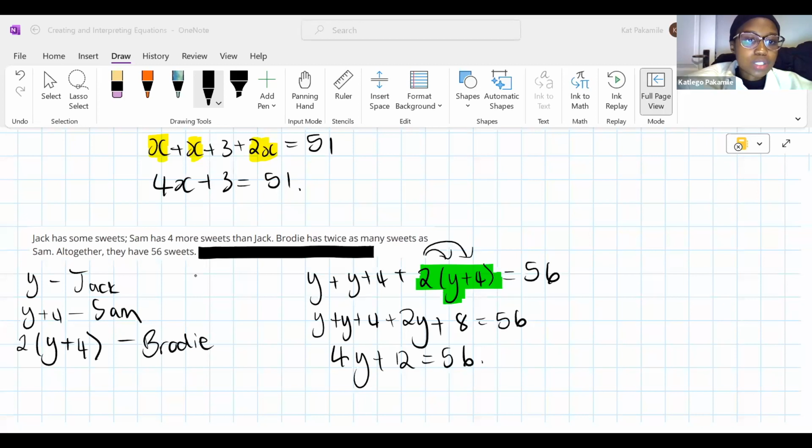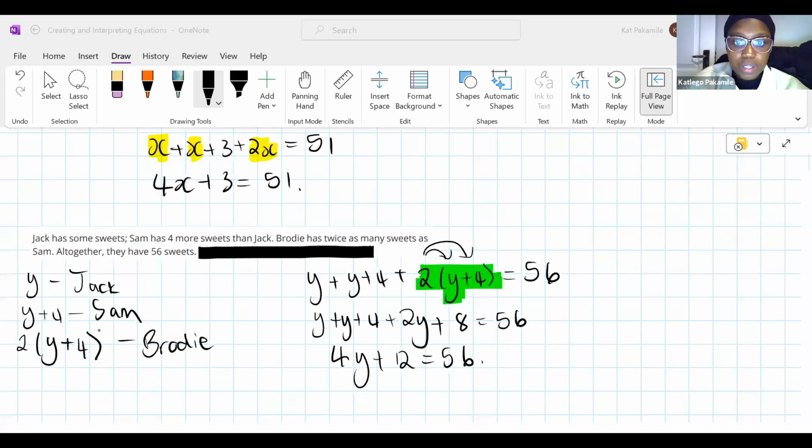Jack has some sweets, right? Yes. So we chose to make those sweets Y. And then it says Sam has 4 more than Jack. So Sam has Y plus 4, right? Yes. And then it says Brody has twice as many as Sam. So if Sam has Y plus 4, then Brody has 2 times Y plus 4.